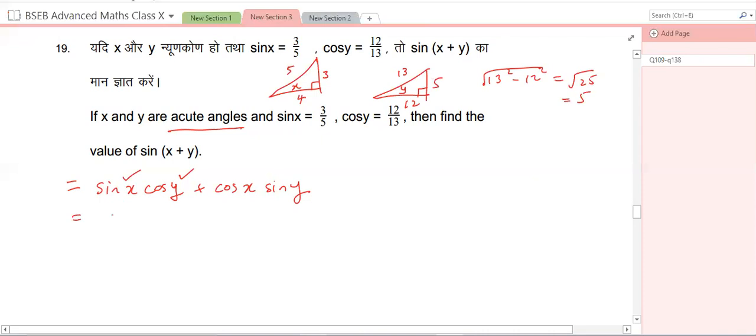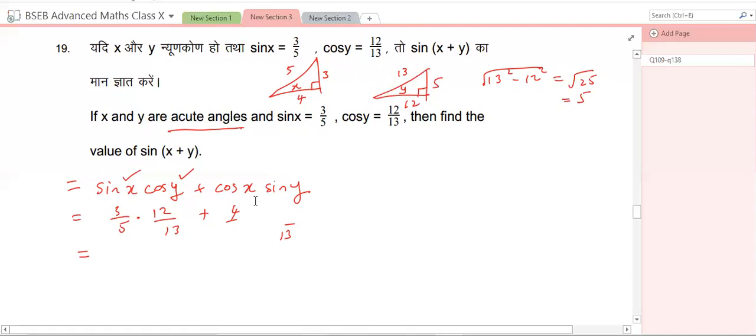What is sine x? 3 over 5. Cos y, 12 over 13, plus what is cos x? Cos of x is 4 over 5. And sine of y is 5 over 13. Maybe it wasn't a good idea to cancel the 5s out.